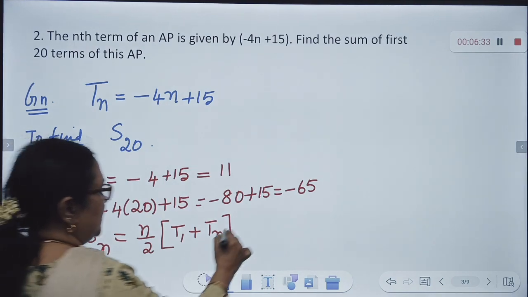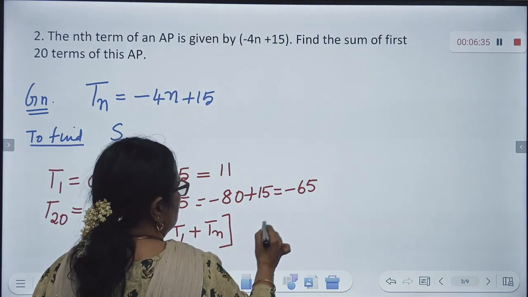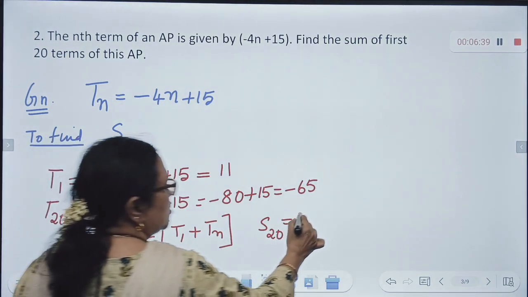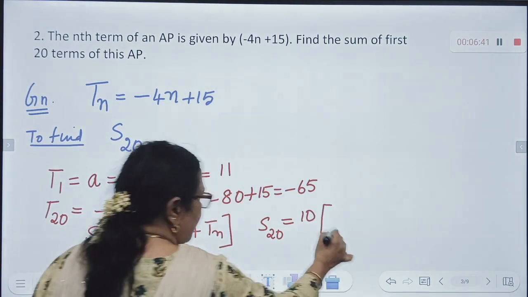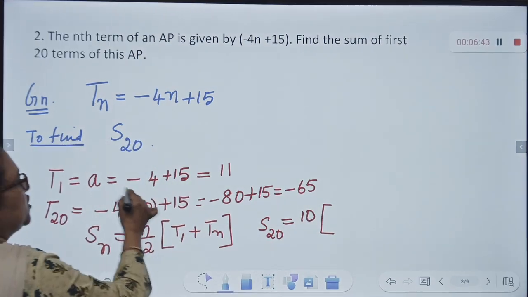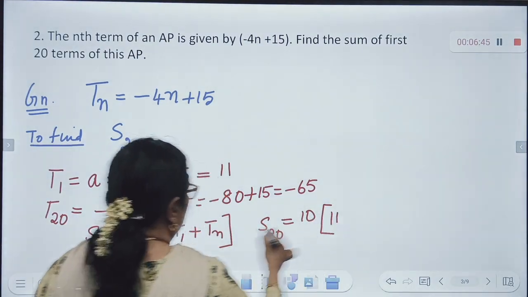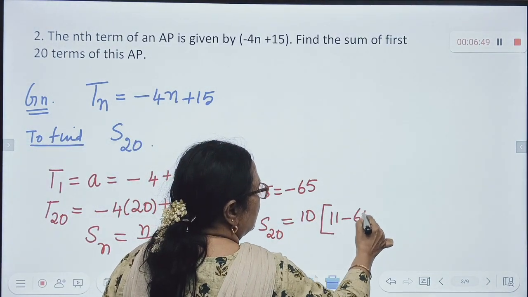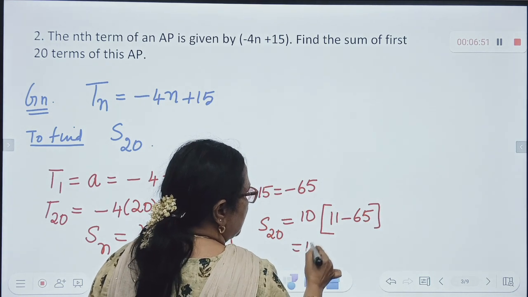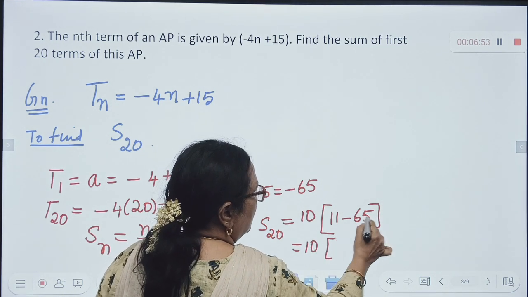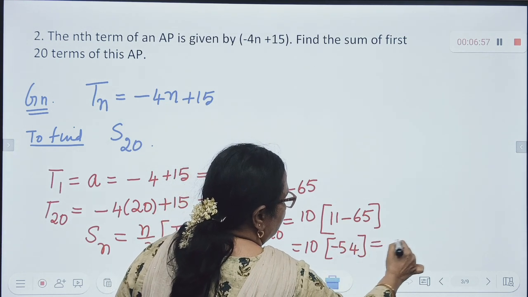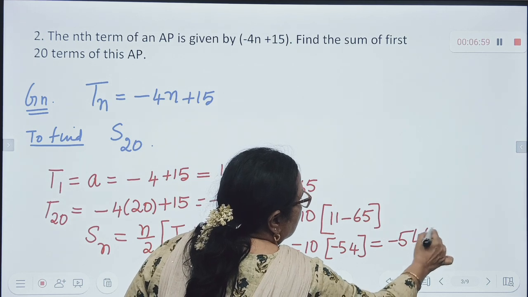So S20 equal to 20 by 2, which is 10. What is the first term, which is A, which is 11? What is the 20th term? Minus 65. So this is 10 into minus 54, which is minus 440.